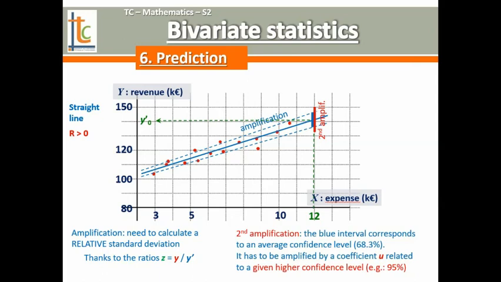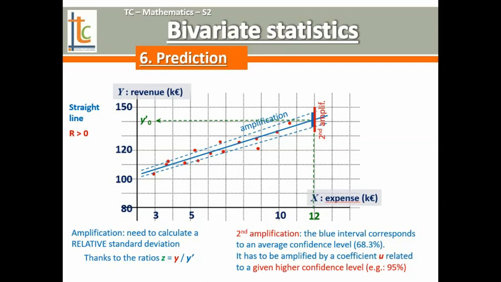And we're lucky because the normal law that is behind all of that allows us to know a value of u matching every possible confidence level. For instance, if you want 95% confidence in your prediction, your coefficient must be equal to 1.96.